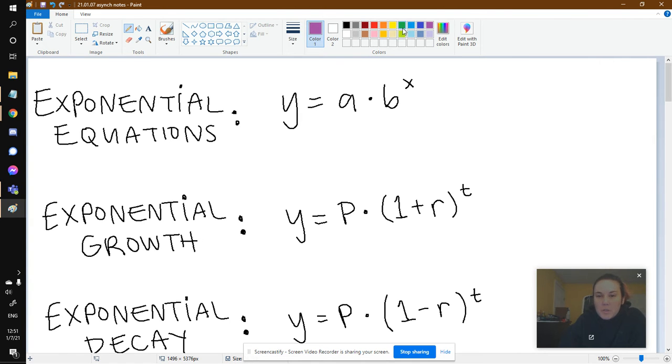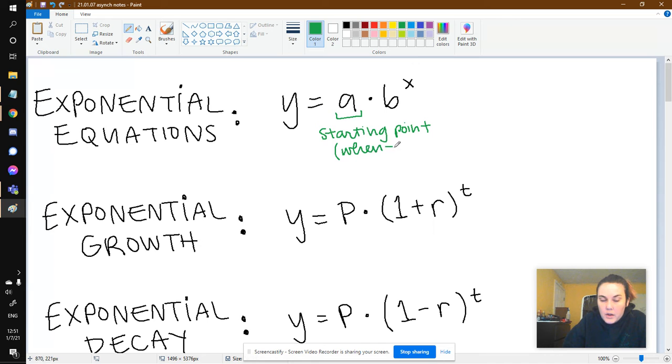Exponential equations, we talked about this last Thursday, I think. Exponential equations are ones that look like y equals a times b to the x, where a is your starting point. So this kind of reminds us of the starting point for y equals mx plus b. The starting point is when x equals 0.